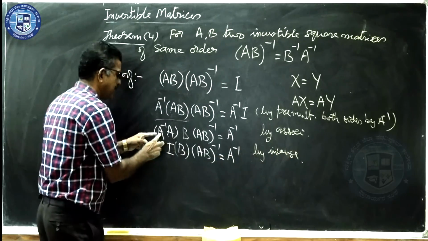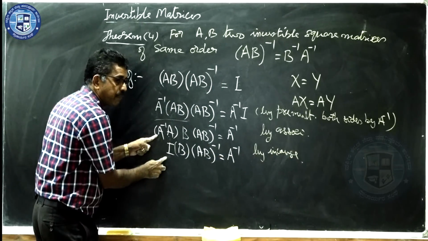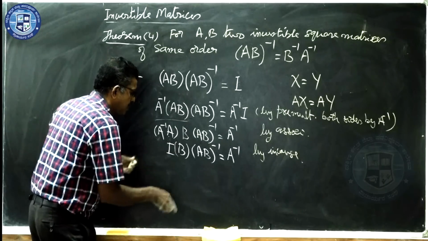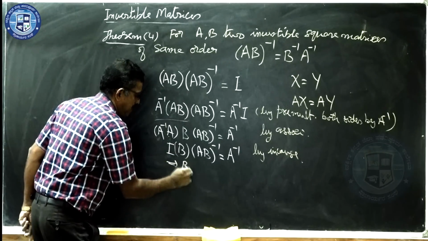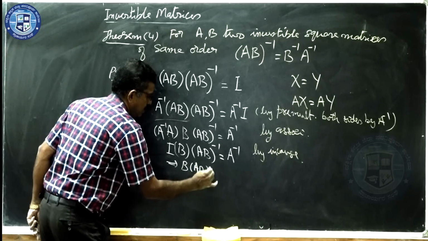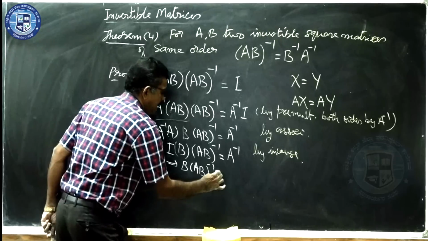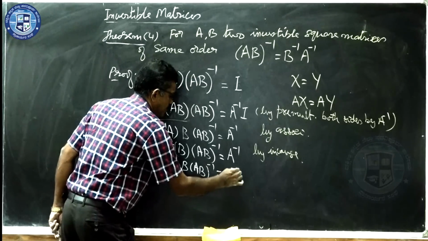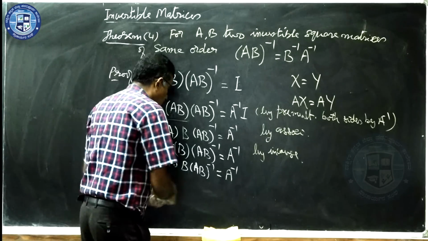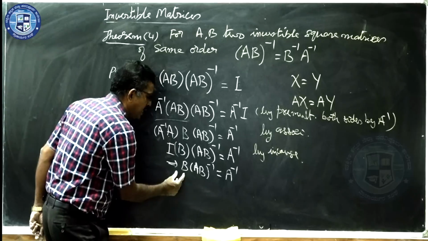Inverse axiom is nothing but A inverse into A is equal to I. Now to apply the identity axiom, what is identity into B? It is B. Therefore I can write B into (AB) inverse, and that will be equal to A inverse. Are you clear? Now after that, once again I pre-multiply by B inverse.